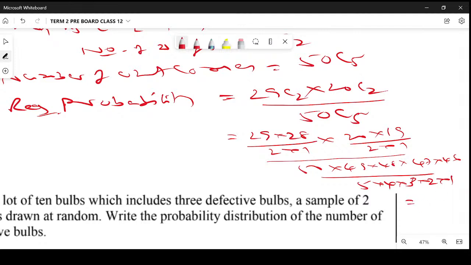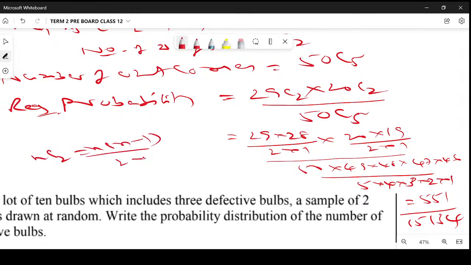I hope this answer will be 551 by 15,134. You simplify this. You understood 29C2, I hope. Because NC2 means n into n minus 1 by 2 into 1.